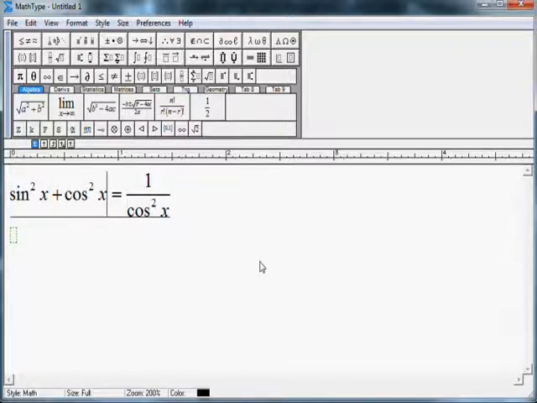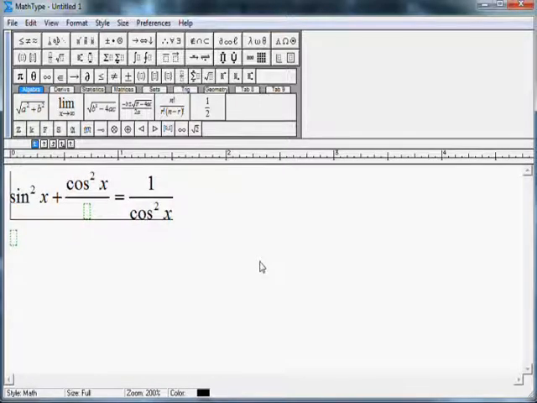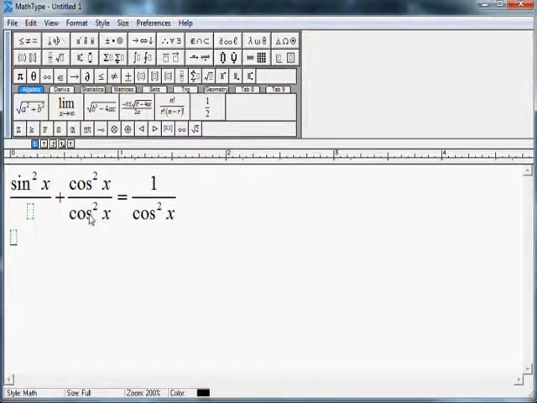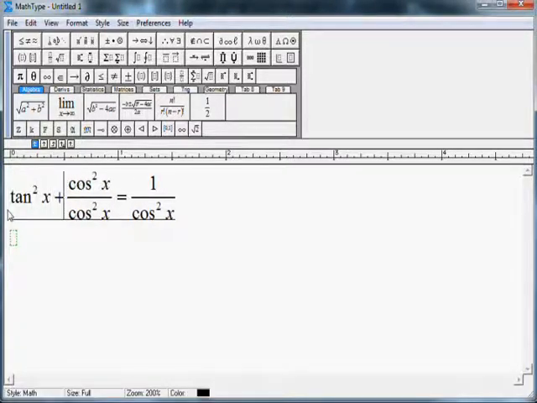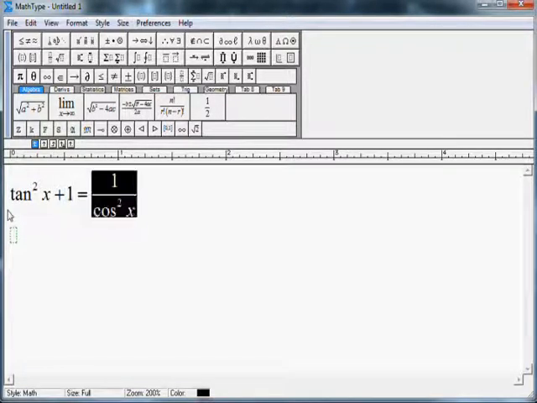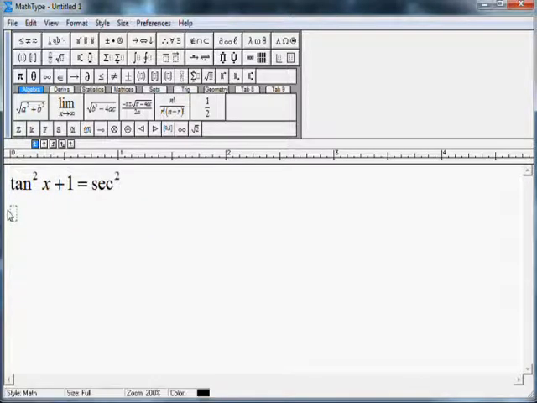Cosine squared x. Then you get cosine squared x, and then you get cosine squared x. So this one right here is tangent squared x, and this is 1, and this is secant squared x, and this is the identity you use.